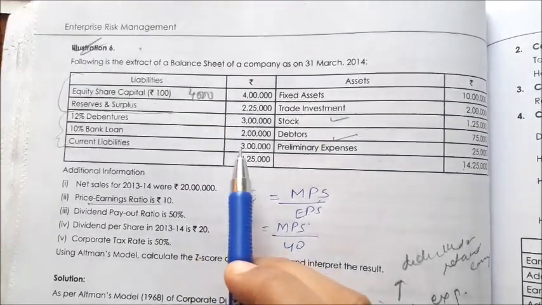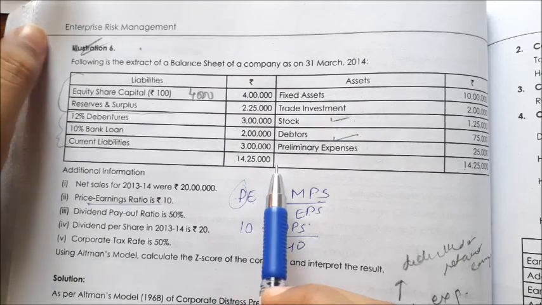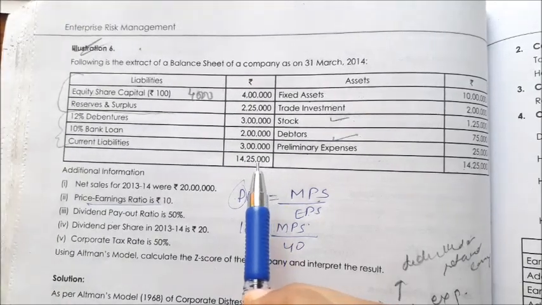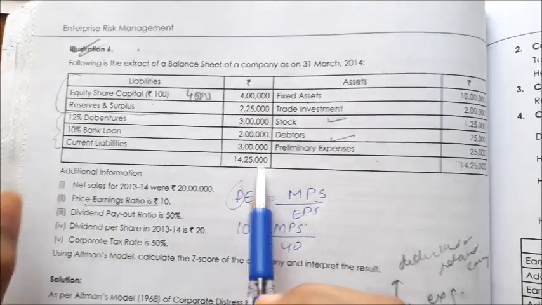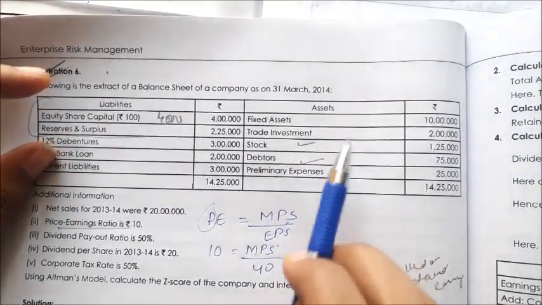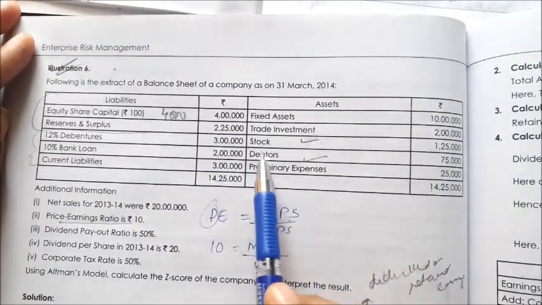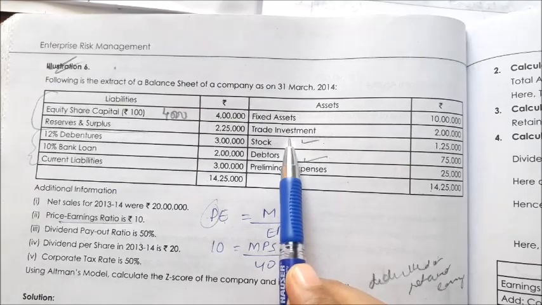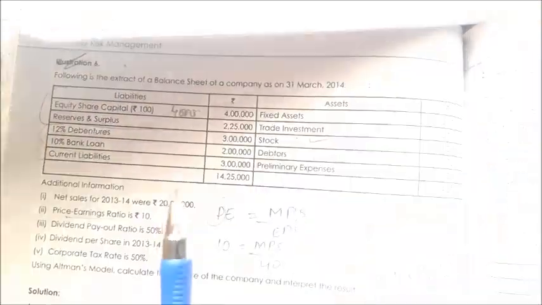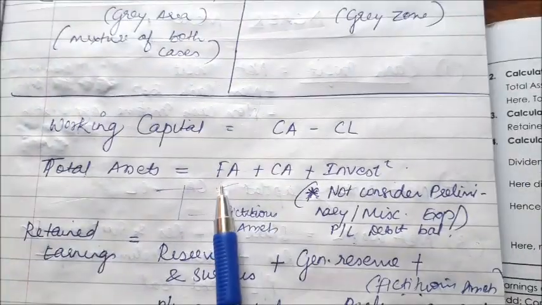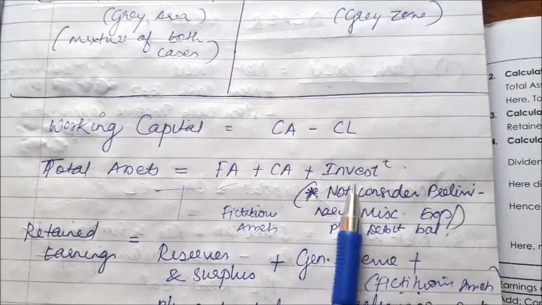So we need to find the ratios again. X1 is equal to working capital upon total assets. Working capital is current assets minus current liabilities. As I told you, our total assets are fixed assets plus current assets plus investment.